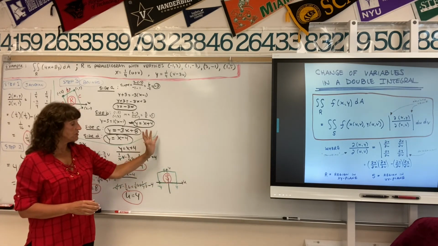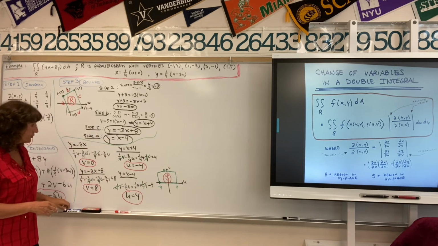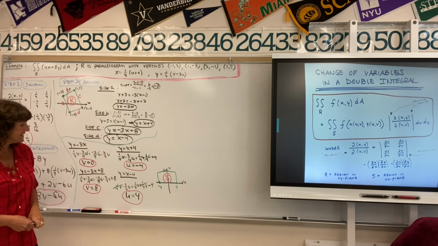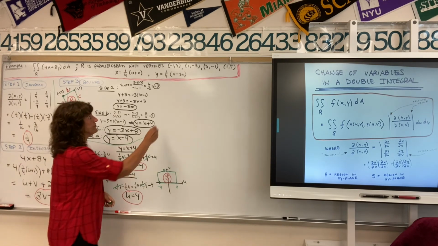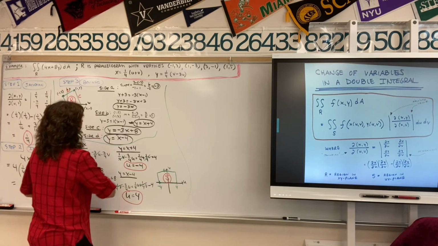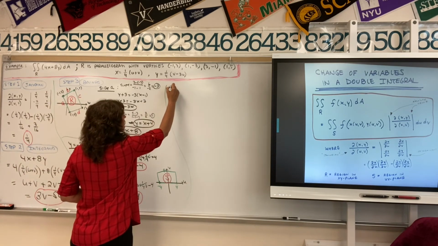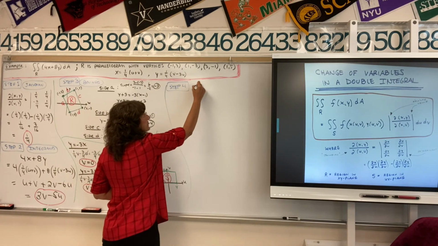It doesn't matter if you go du dv or dv du, either way will work out fine. Now we have our bounds set up, so step 4 is putting it all together, or evaluate.